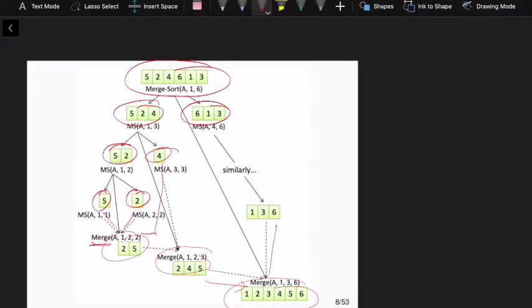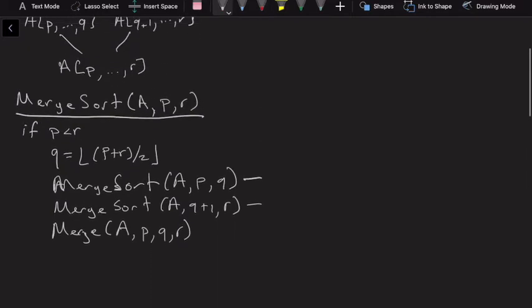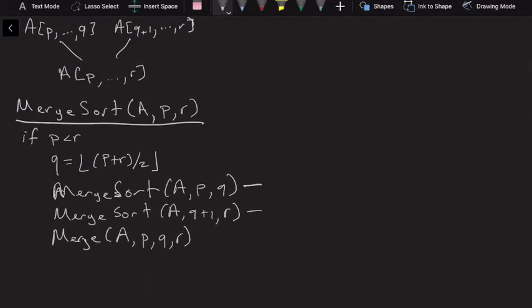And really, what we wanted to do is analyze how long it's going to take to run each call of merge sort. How long is it going to take, assuming that the number of elements from P to R is n, so we have an n-size array?